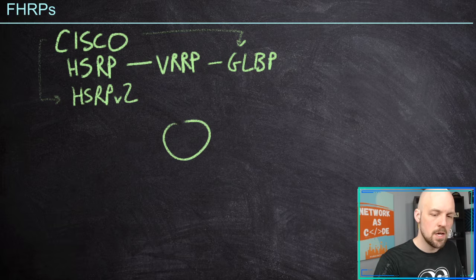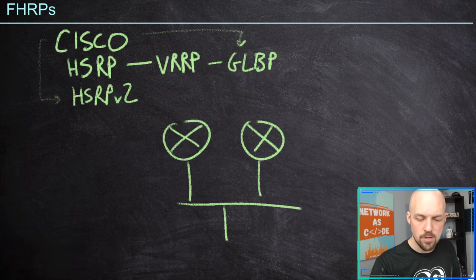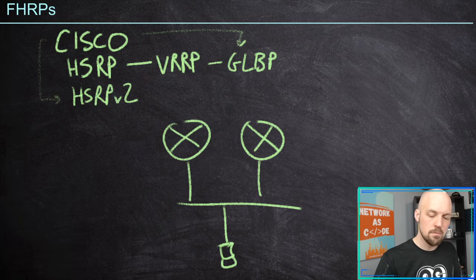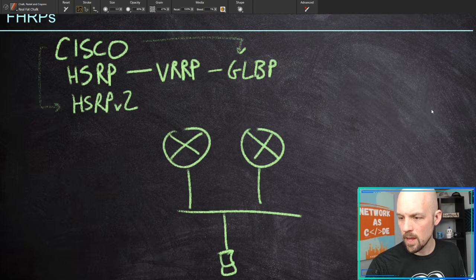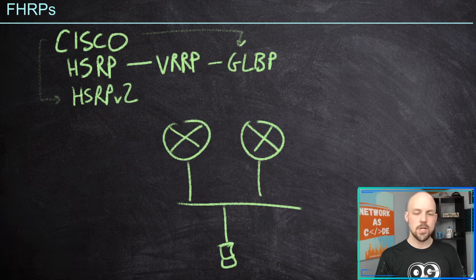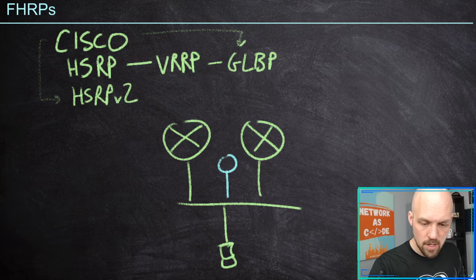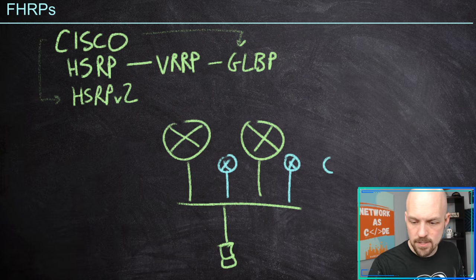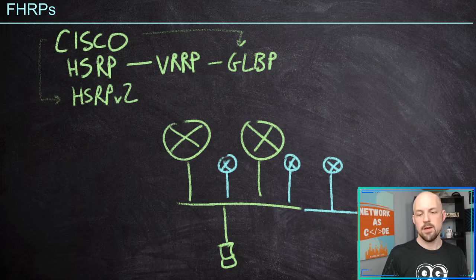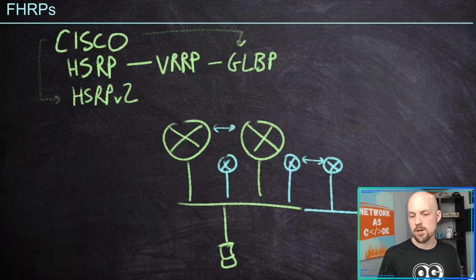Now we know the gist of how these FHRPs work, so we don't need to go into all of those details, but we are going to need to talk about a few of them. First and foremost, with HSRP, all FHRPs are configured in groups. What a group means is I might have, for example, 4 or 5 routers on this network segment, and 2 of these I'm going to pair together, and these 2 I'm going to pair together.